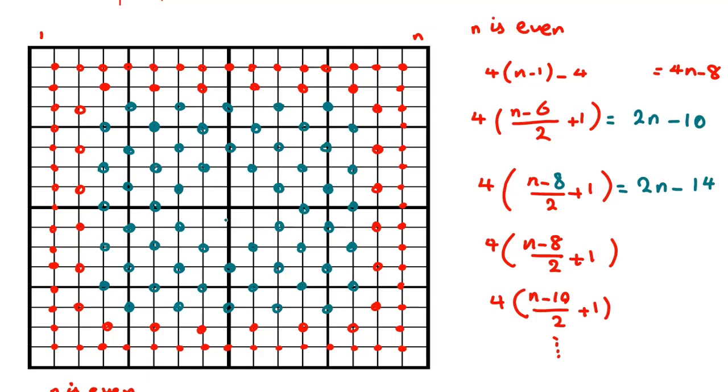As you can see, at the end, it will be 4, because n is even, it is a multiple of 4, and all of them are 4k plus 2. So you go up to, let's see, the last one is 4 times 1. So 2n, what happens here? 2n minus 10. Here it is 4.